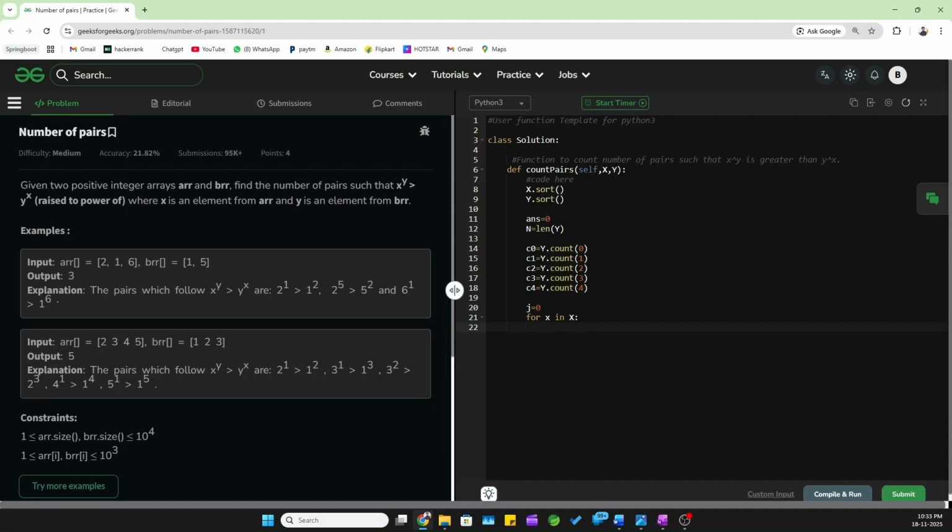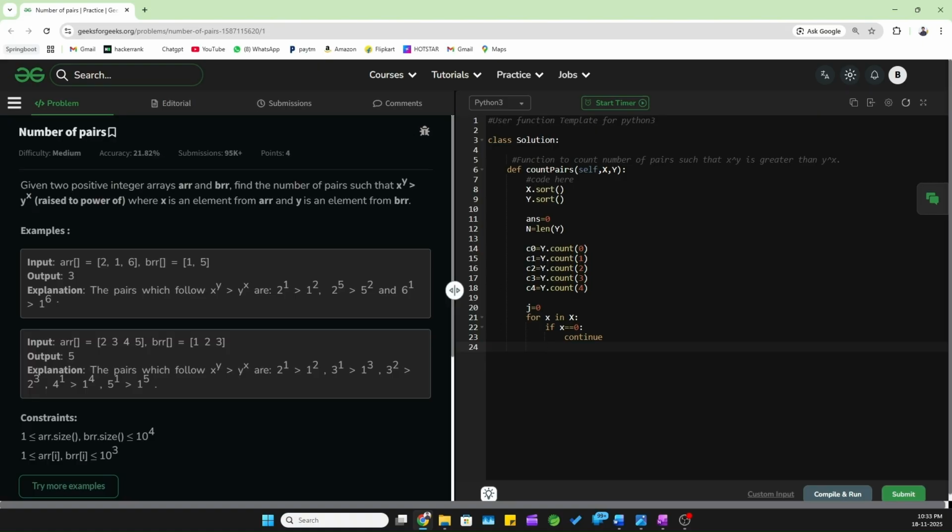After that it is easy for me to calculate the original formula. So what is the first exception? If x equals 0. Whenever x equals 0, we don't have any pairs, right? So just continue.